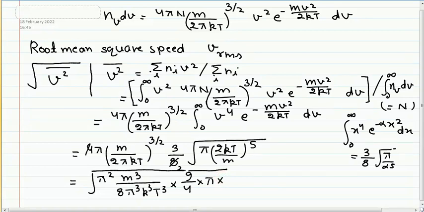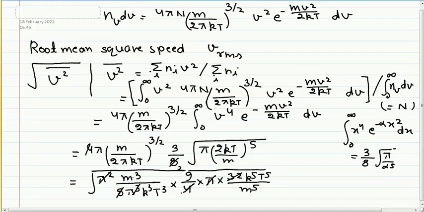So open this bracket and this will become 32 k to the power 5 T to the power 5 divided by m to the power 5. So let us calculate this. Now we have pi square and pi means pi cube, so this will get cancelled with this pi cube. And then this 8 into 4 is 32, and 32 cancels.